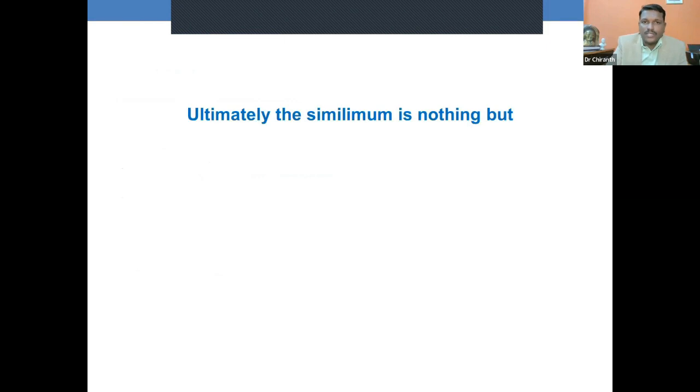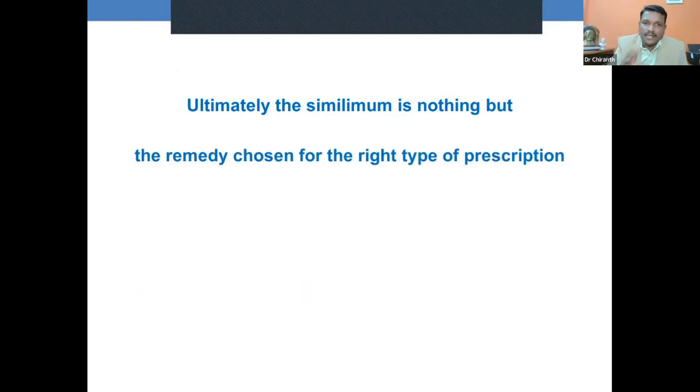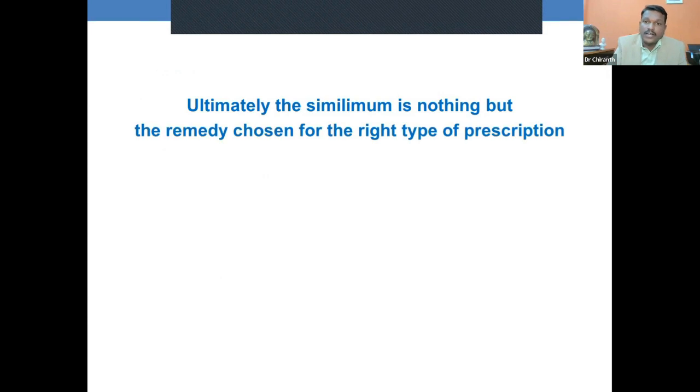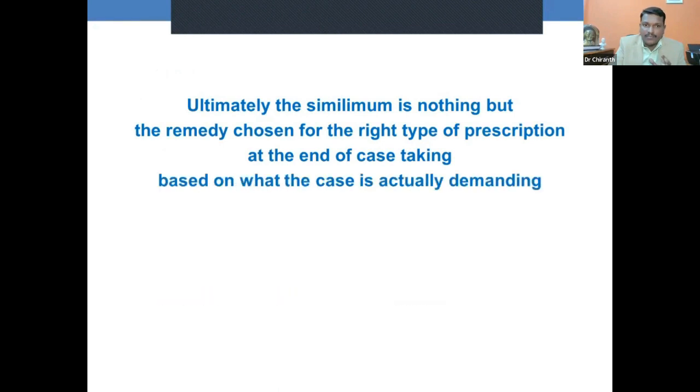So there are different areas on which we prescribe. Ultimately, what is the simillimum? What is the outcome? That is nothing but the remedy chosen for the right type of prescription at the end of case taking. Whatever conclusion you arrive at after case taking, that is the simillimum, what we are all trying to focus on.